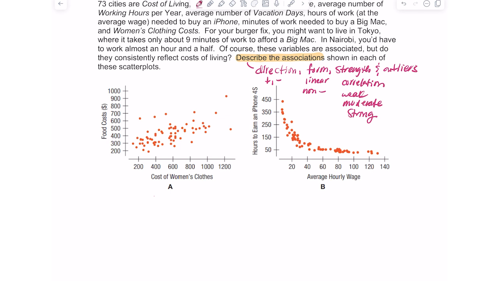So in letter A, I would say that this is a positive association. We always want to mention context, so we would say the association between, what two things am I comparing here?